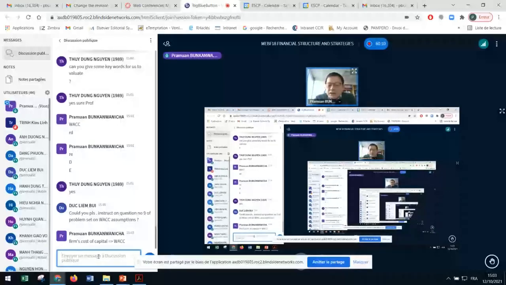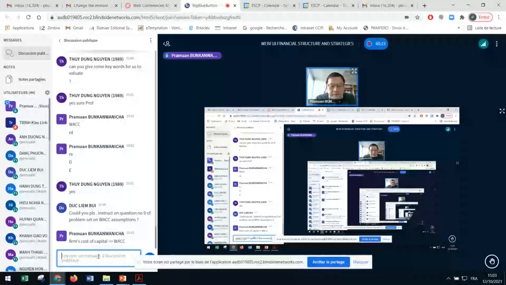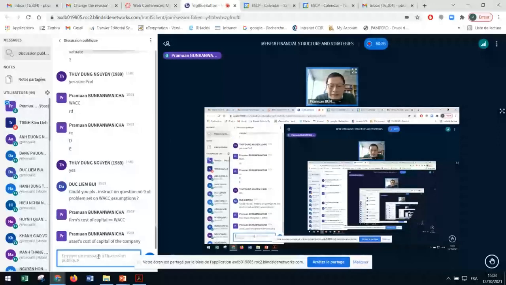Weighted average cost of capital, or firm cost of capital, represents the asset cost of capital of the company. You understand what the asset cost of capital or firm cost of capital is? Everybody follows?